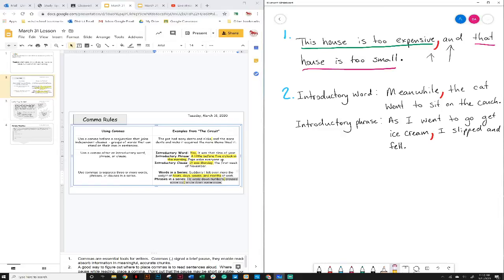I made a mistake here. This is actually an introductory clause.